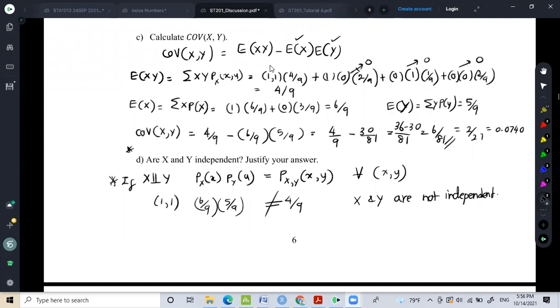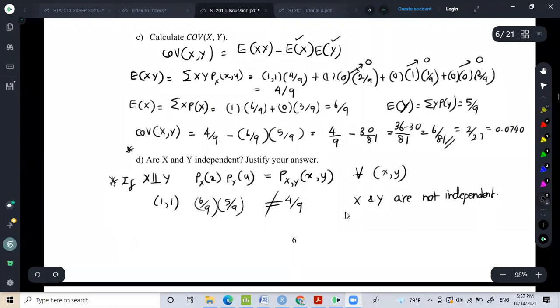And we have a question: can we use the contrapositive statement, that if the covariance of X and Y is not equal to 0, they are not independent? Yes, in part C, since you have a value for the covariance, from that also you can say they are not independent. But just in case you got a 0 here, make sure to check the pairs.